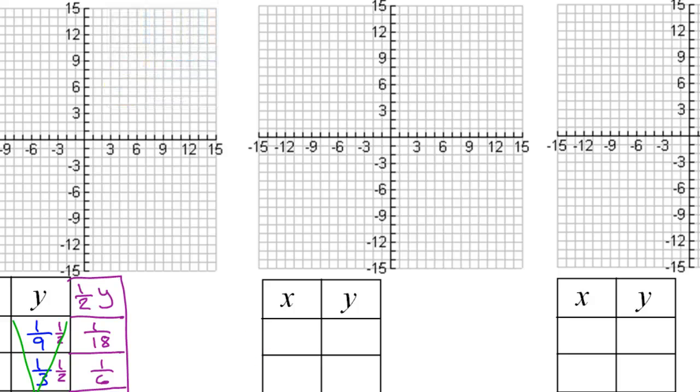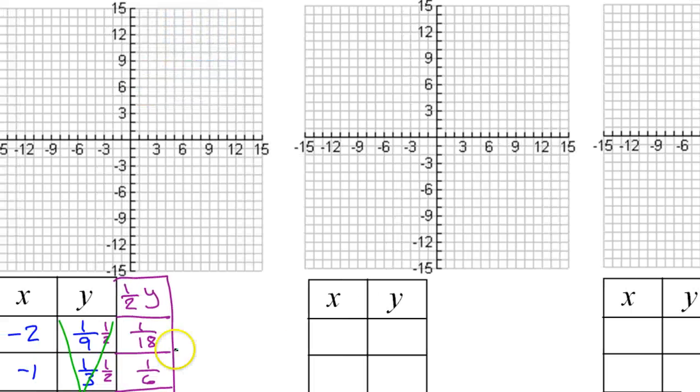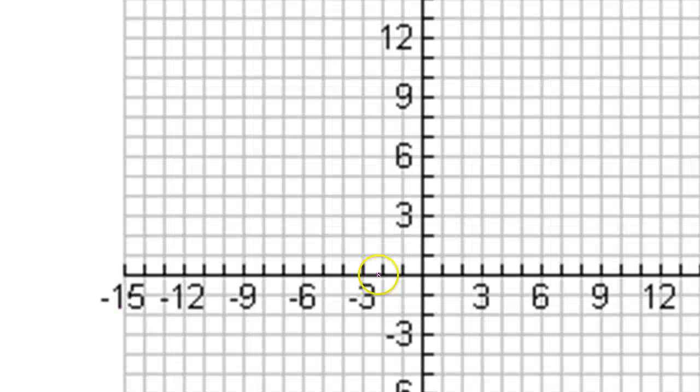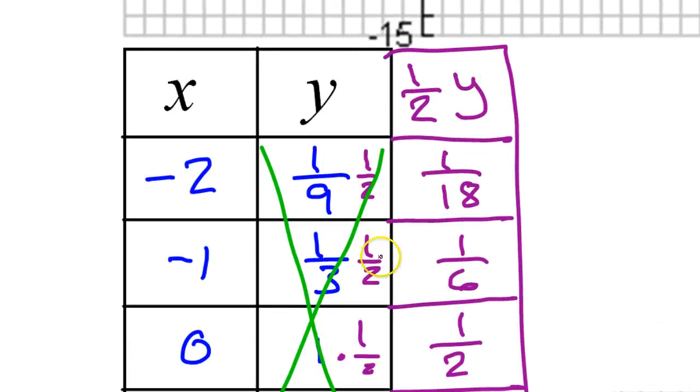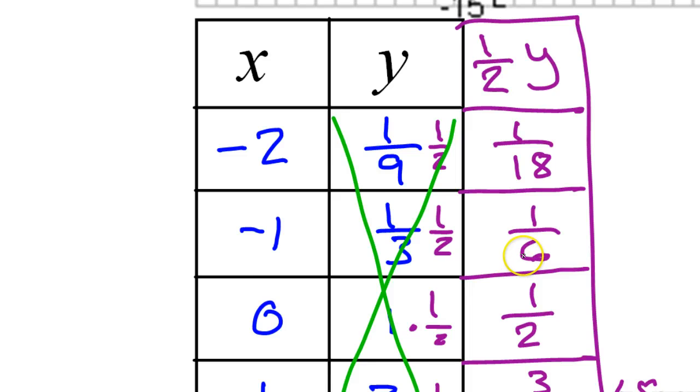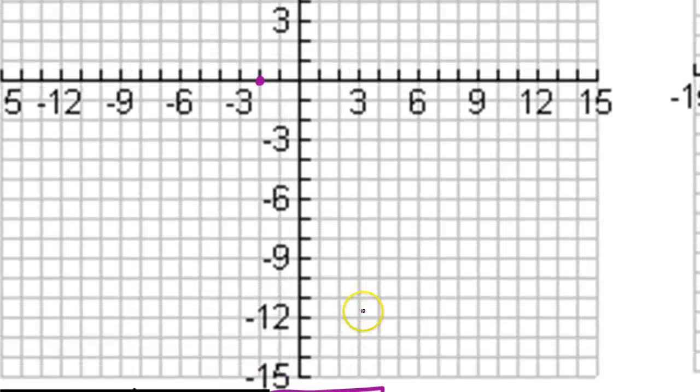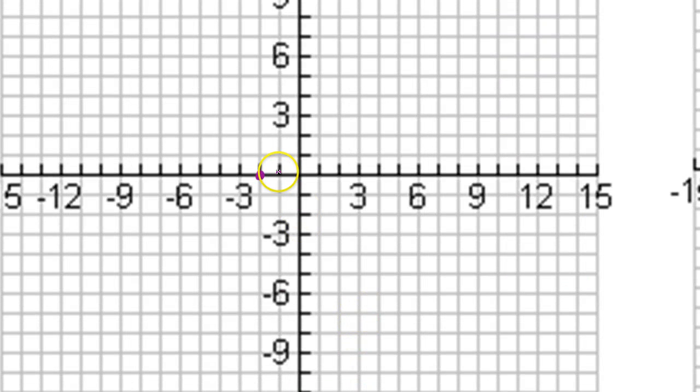Don't connect the dots. So I've got -2 is 1/18, which obviously is very, very tiny. It's basically going to be at 0 because it's so small. Then I've got -1 is 1/6. That's not much bigger, but just draw it a little bit higher.